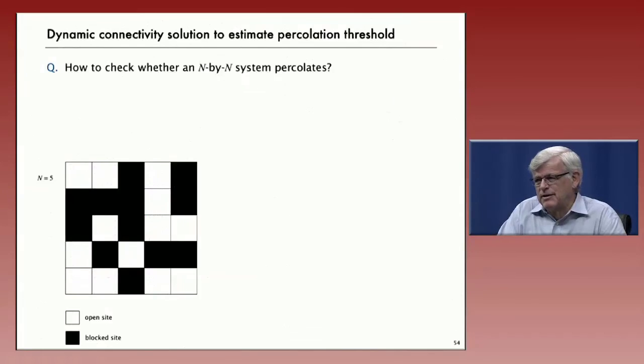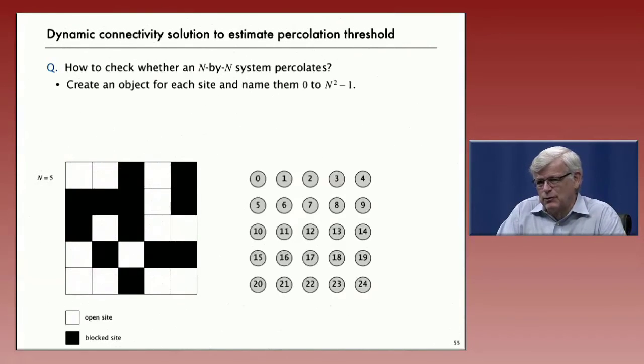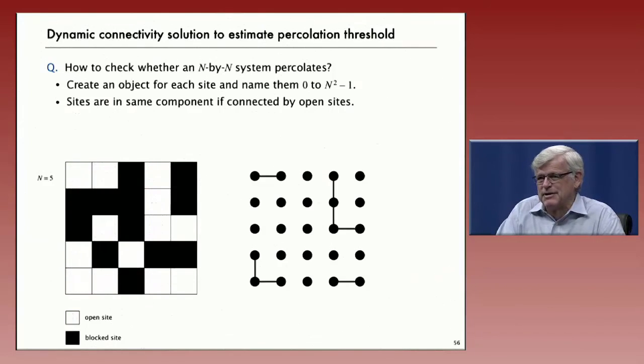So let's look in a little more detail at how we're going to use our dynamic connectivity model to do this. It's clear that we'll create an object corresponding to each site, and we'll give them a name from 0 to n squared minus 1 as indicated here. And then we'll connect them together if they're connected by open sites.